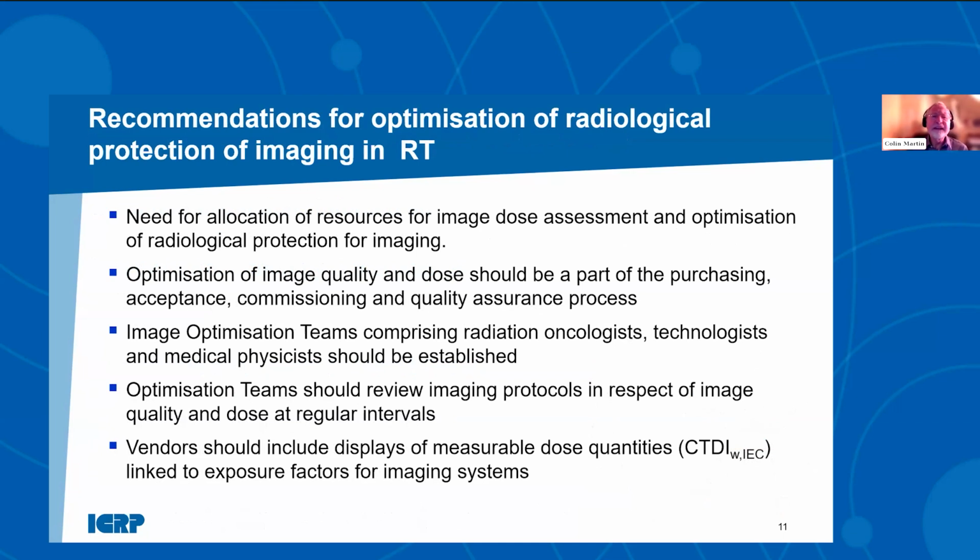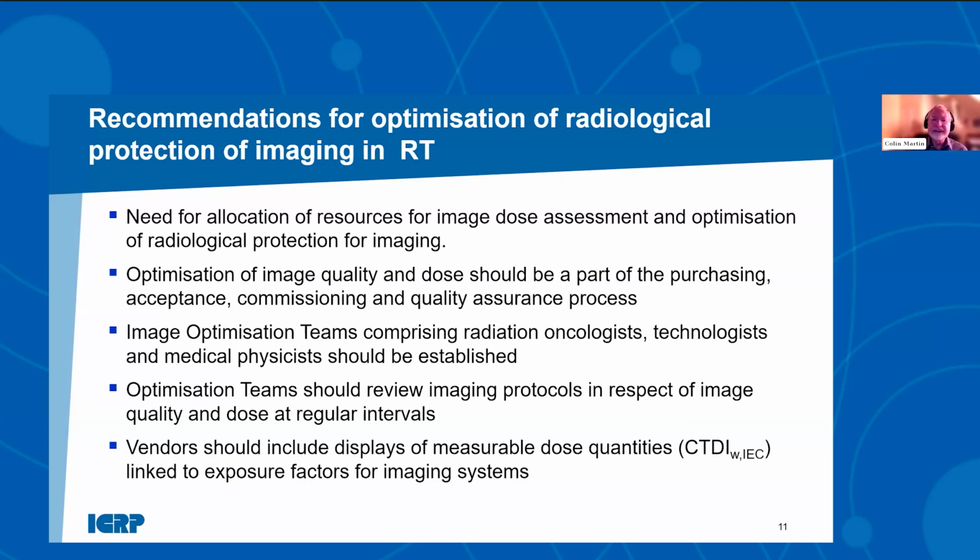Now, we made various recommendations in our report, and I'll mention a few of them now. There's the need for allocation of resources for image dose assessment and optimization. And optimization of image quality and dose should be part of the whole process of purchase, acceptance, commissioning, and quality assurance.